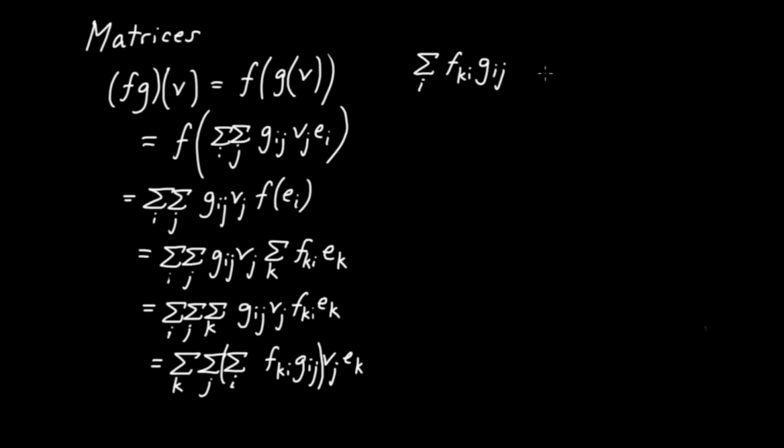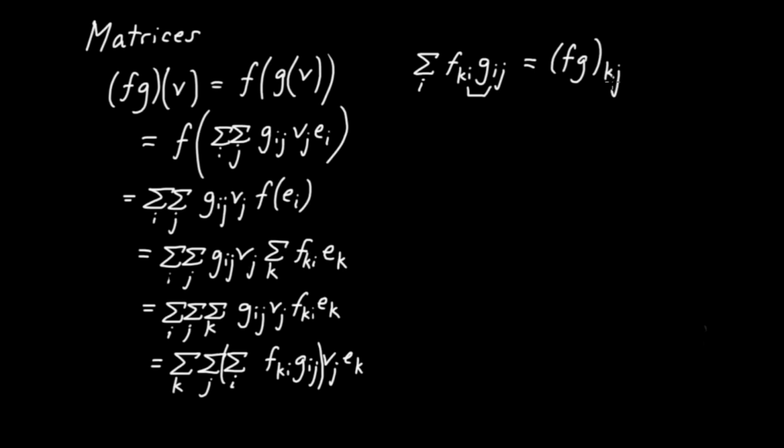This is going to be one of the matrix entries for fg. But which one is it? We're summing over the i's, and what is left is kj. So this is going to be the kj entry of fg, which is the composite matrix, given by that summation there.